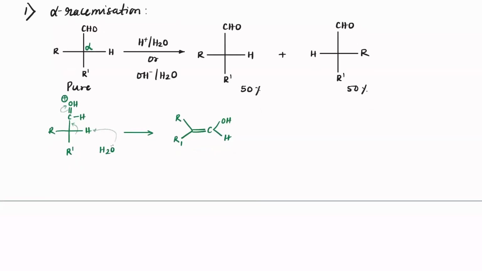Now, again when the tautomerization happens, if H plus is being attacked here, the H plus can be attacked from either of the directions. That means it can attack from this end or from this end also.